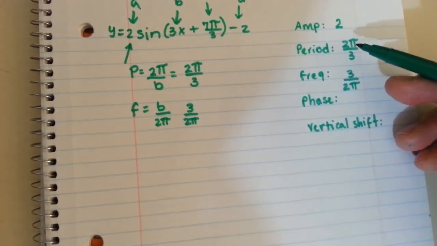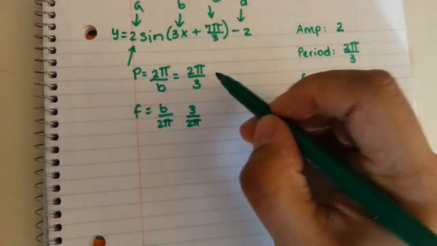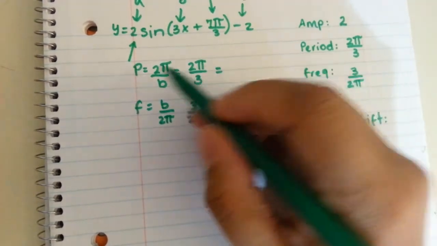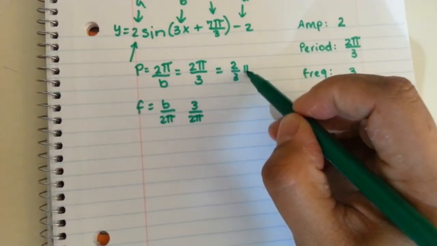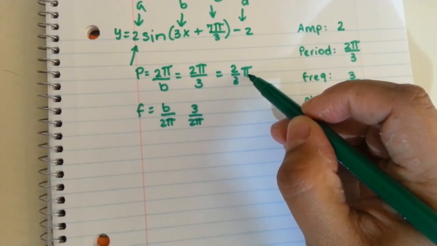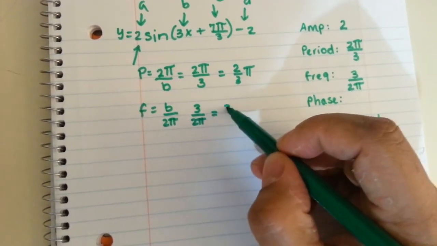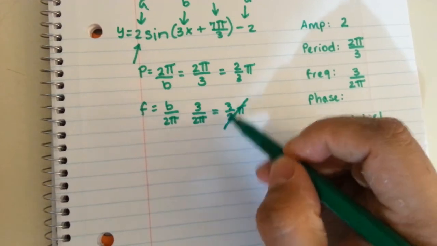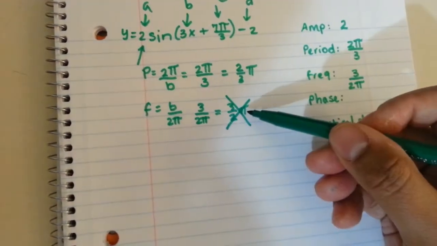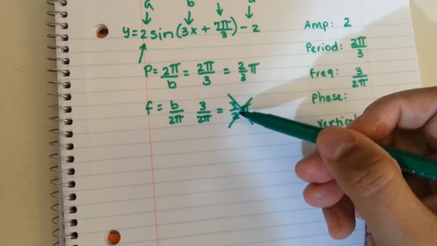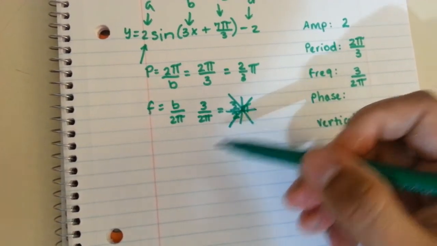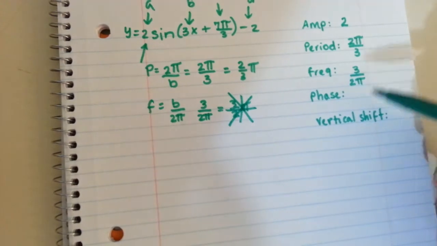Everywhere else, my pi is in the numerator. Okay? Another way of writing the period, and I'm working with the period because it's in the numerator, you can say this. This implies that the pi is in the numerator. If you write 3 pi over 2, this is wrong, because you're saying pi is in the numerator when it's supposed to be in the denominator. So if you write it like this, it is incorrect. It's 3 over 2 pi for the frequency.